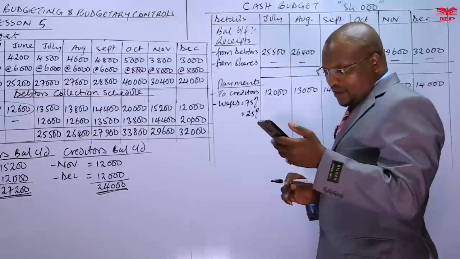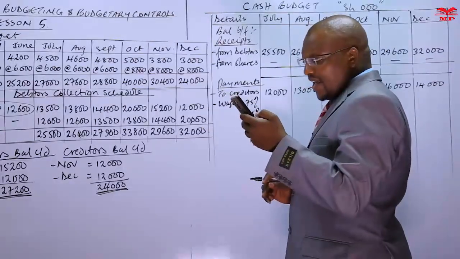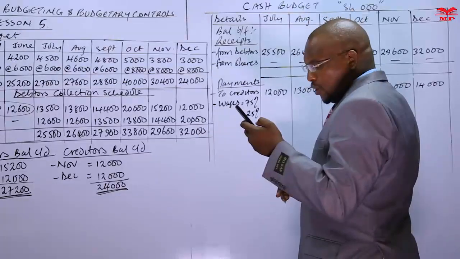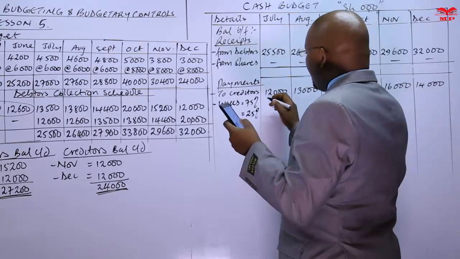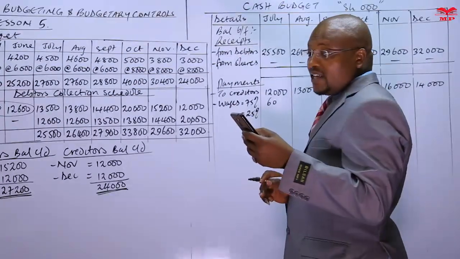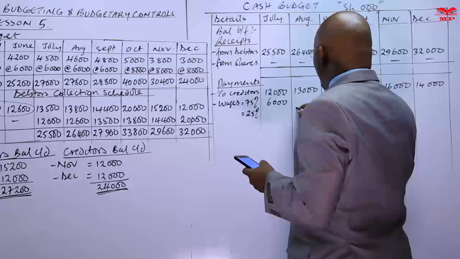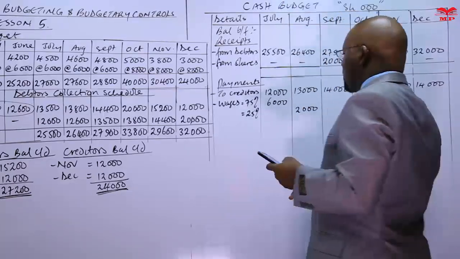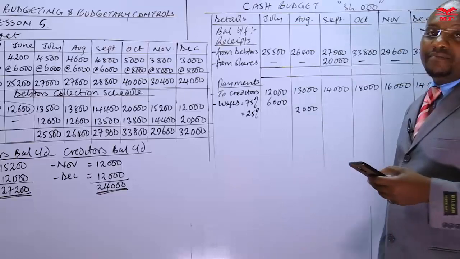For July, wages are 8,000. 75% of that is 6,000, because half is 4,000 and the quarter is 2,000. So 6,000 is paid here, and 2,000, a quarter, is paid the following month.